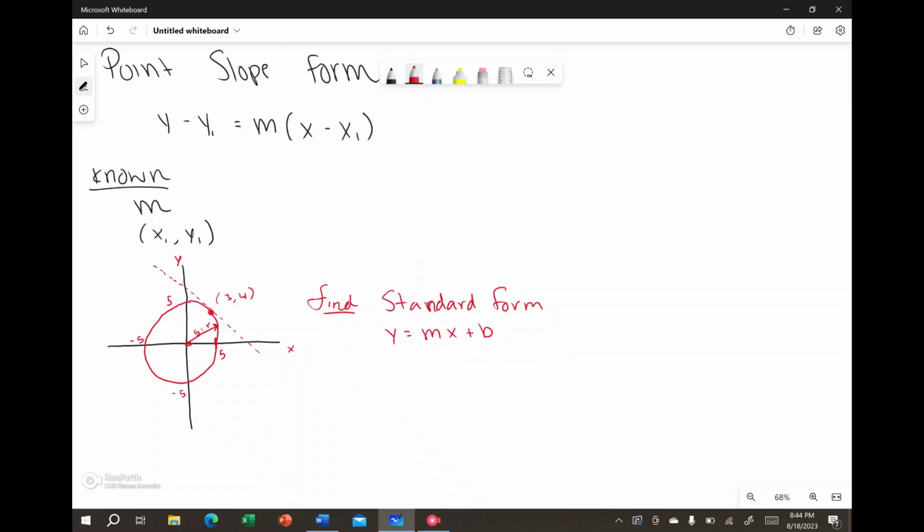We're going to need to know the slope, and the slope perpendicular to the tangent line, which we can find because we know 2 points, (0, 0) and (3, 4). You technically don't need the equation because one of the points is (0, 0). So you basically rise and run: you go up 4 and you go to the right 3. That's basically the slope. And then to get the slope of the tangent, you're going to do -1 over that slope. That becomes -3 over 4, which is the m value.